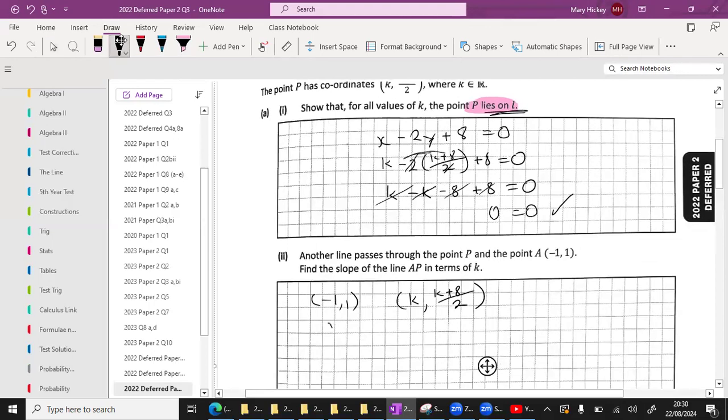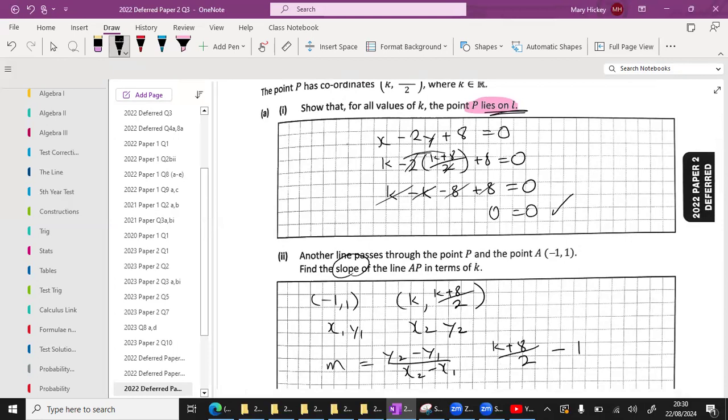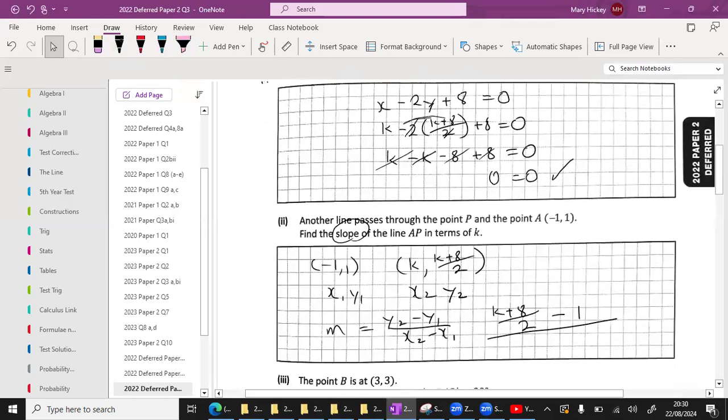So all I do is my usual mention of slope, and I label x1, y1, x2, y2. I write down my slope formula, m is equal to y2 minus y1 all over x2 minus x1. So I do y2, which is (k plus 8) over 2, minus y1, which is 1, all over x2, which is k, minus x1, which is minus 1. So it's kind of like minus, minus.